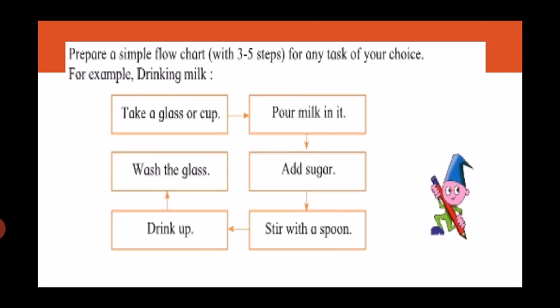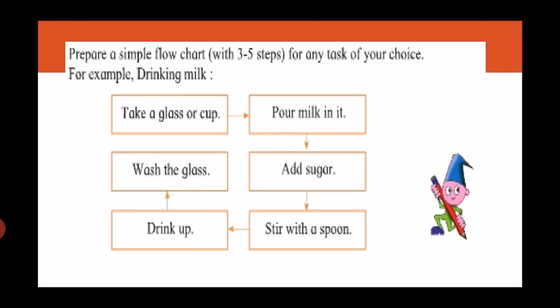So children, first you will write the first step in a box. So the first step is you will take a glass or a cup. Now when you're moving to the next step, you will show an arrow and then put the next step in the second box.